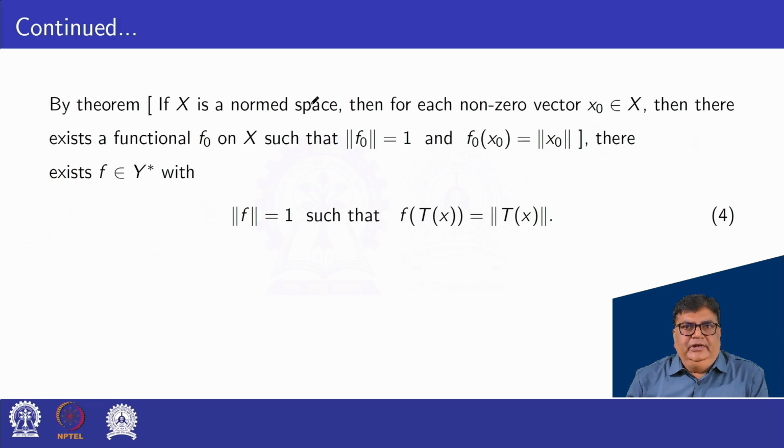We will prove it later on. There exists f belonging to Y star with, as per this result, norm f equal to 1 such that f of Tx is equal to norm of Tx.